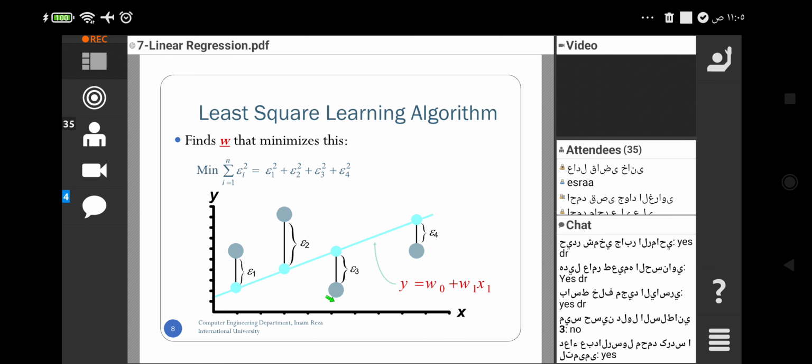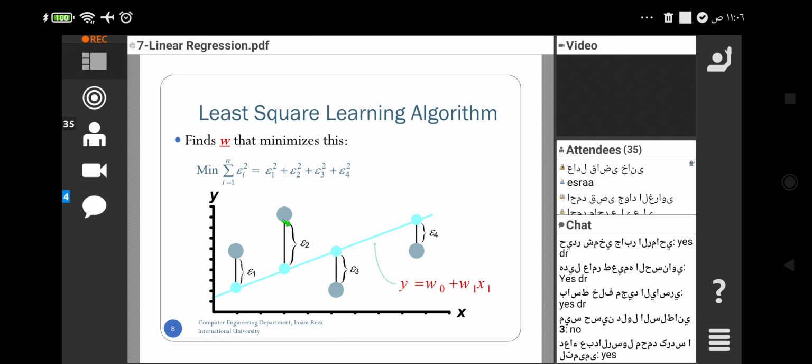In this regression, we want to learn. This is the learning model: y is equal to w0 plus w1 x1. In the process of learning, assume that we have this line, and these are our data.